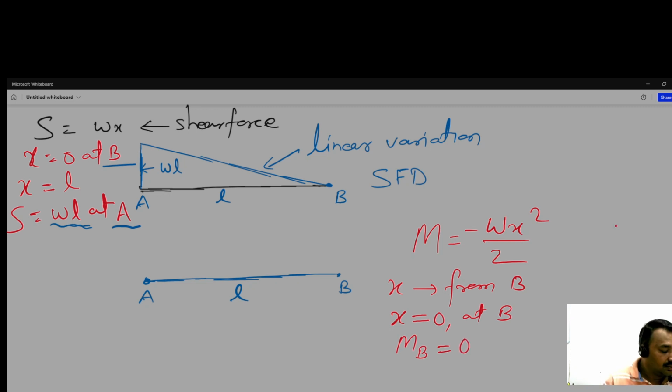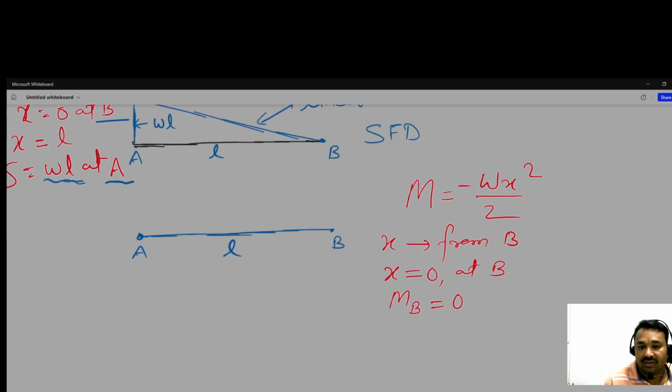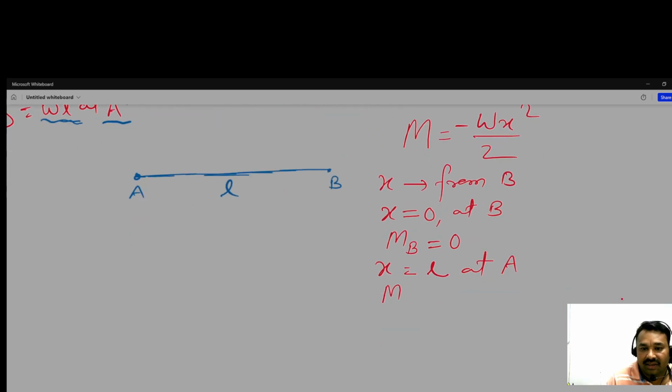And if x is equal to L, we are talking about A. So MA becomes minus WL square by 2.